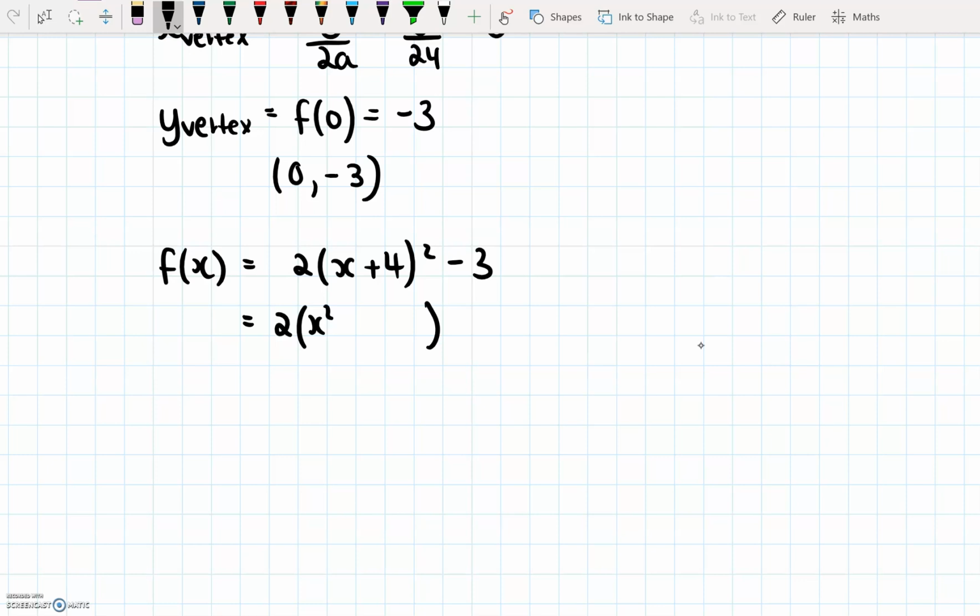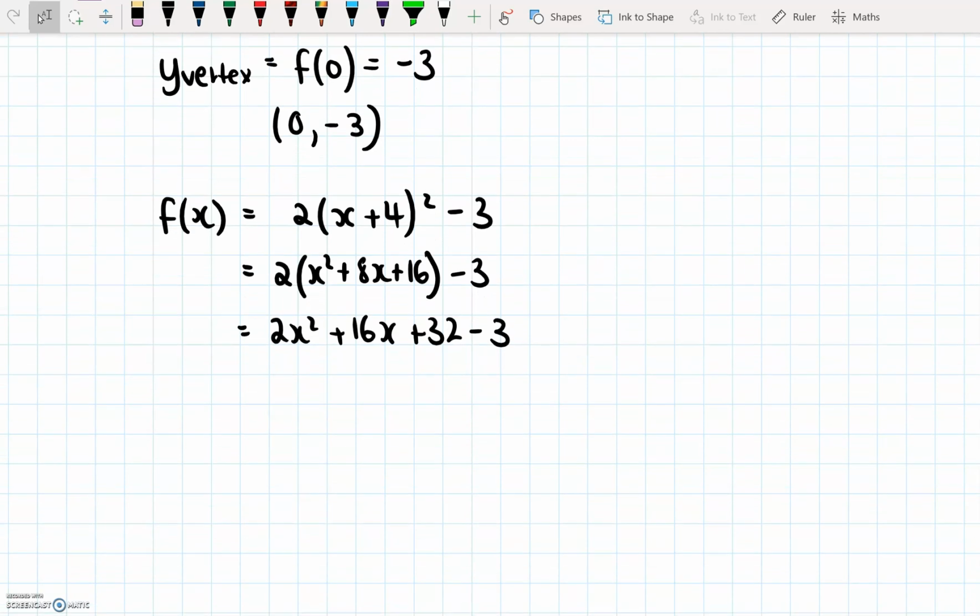So here we have 2 times x squared plus, remember, plus 16, 4 times x is 4x, double it is 8x, minus 3. So we have 2x squared plus 16x plus 32 minus 3. And at this point it actually doesn't matter what happens with the c term. Okay, I don't care about simplifying that because we don't need it for this.